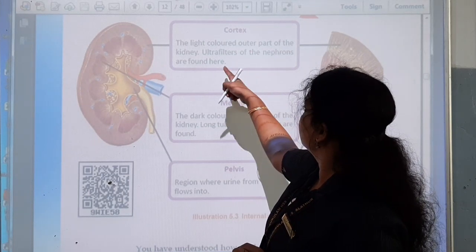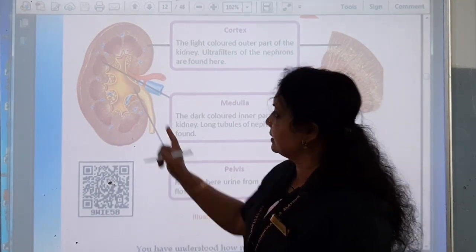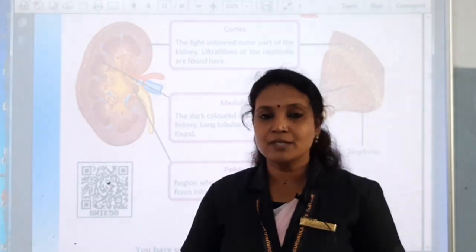The ultrafilters of the nephrons are found here. The Bowman's capsule we will study later. So the ultrafilters of nephrons are found in the cortex.